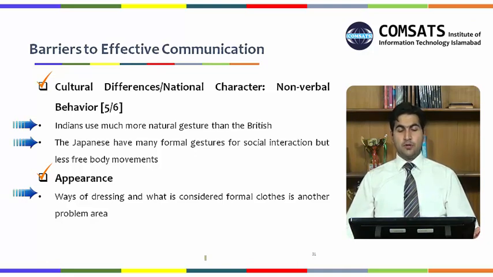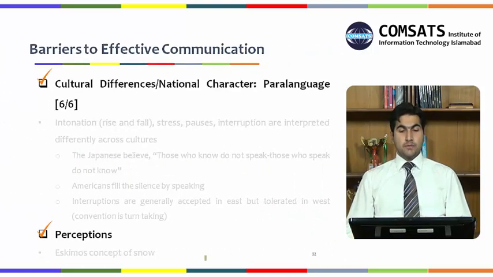Ways of dressing and what is considered formal clothes is another problem area and has to be tactically handled based on the context where you need to interact, where you need to talk with another person, keeping in view the audience with whom you're going to interact. So all these things matter, and if not done properly will become a barrier as well.